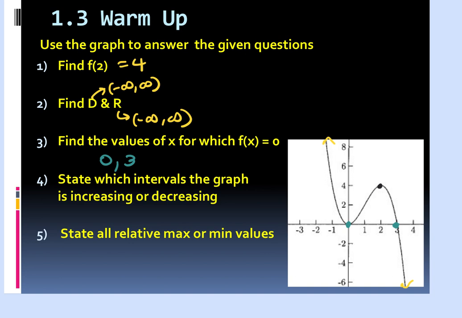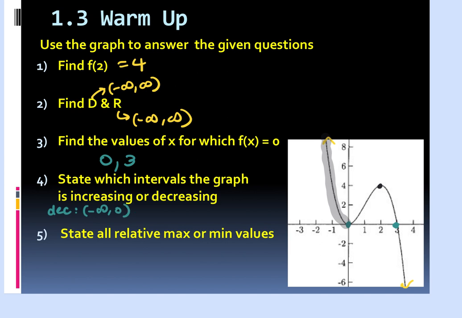4 says state which intervals the graph is increasing or decreasing. Remember, if there's a constant, you have to include it. It won't be in instructions, but it has to be included. So this first direction is falling, so that would be decreasing from negative infinity to the x where it changes, which is 0.